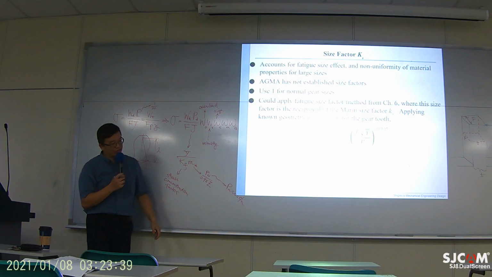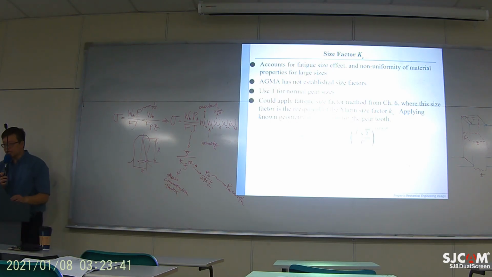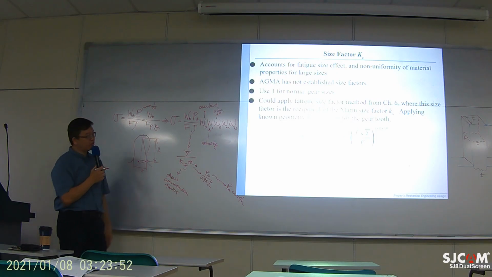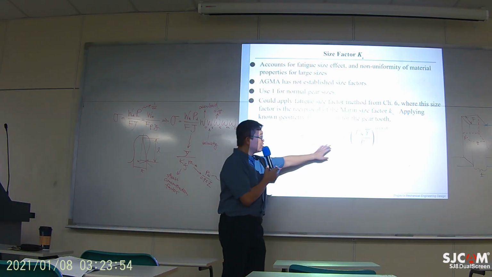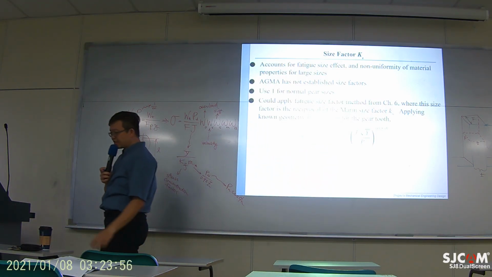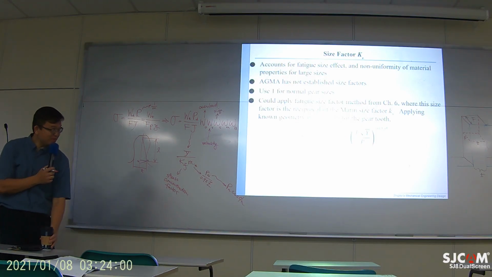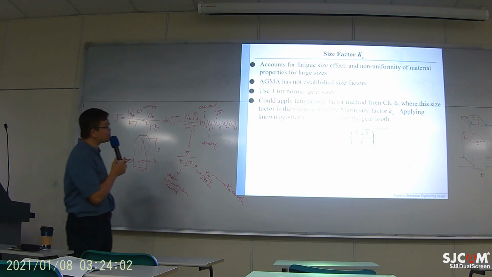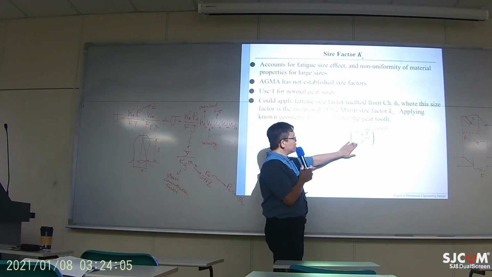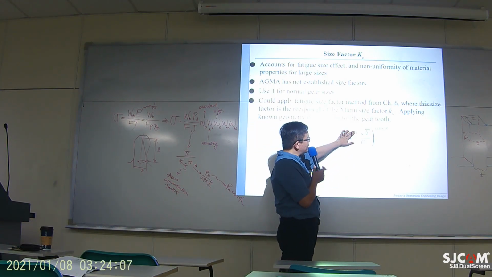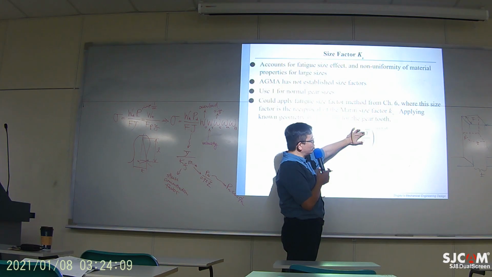So here you can see an equation in a very unique format. Usually whenever you see an equation like this, it's built based on curve fitting. It depends on the diametral pitch, the face width, and the Lewis factor.